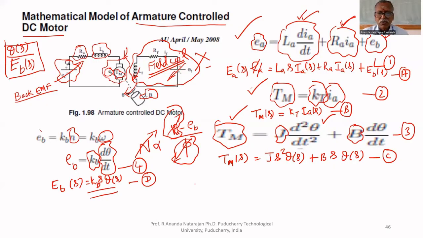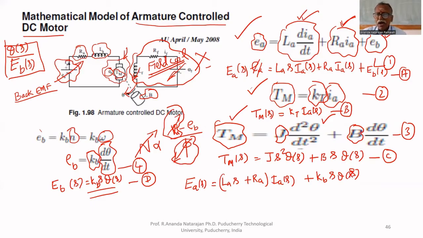So we can write now EA of S equals LA S plus RA multiplied by IA of S plus KB S theta of S. Why? Because D says EB equals KB S theta of S. That's why we wrote KB S theta of S here.